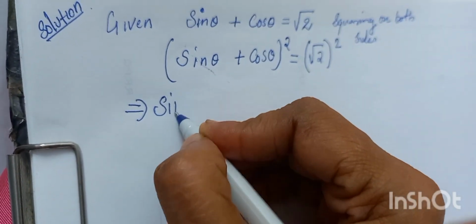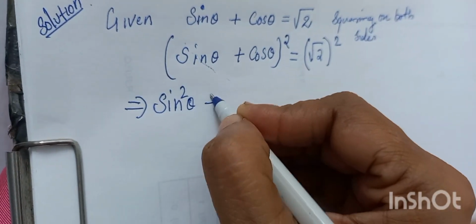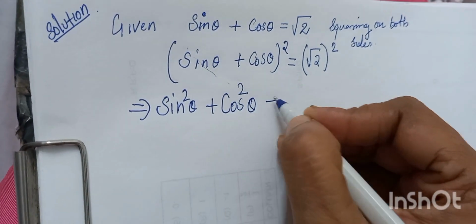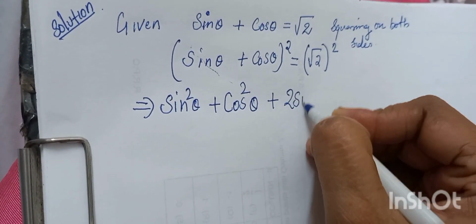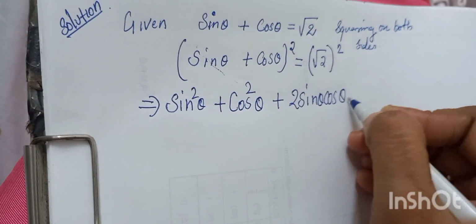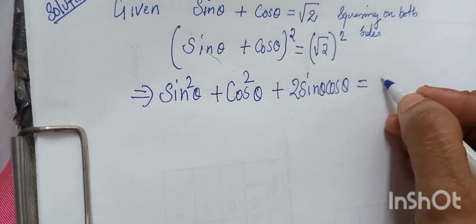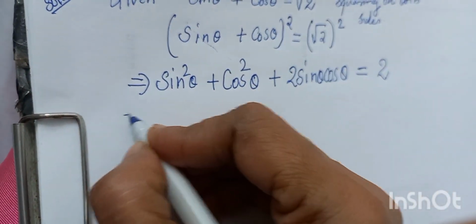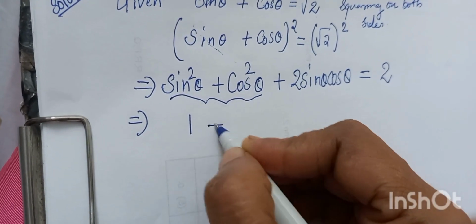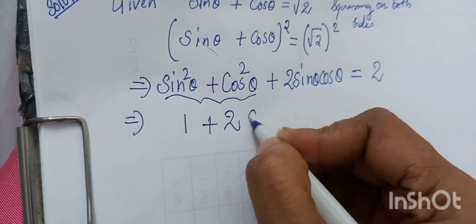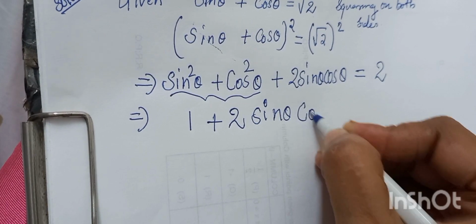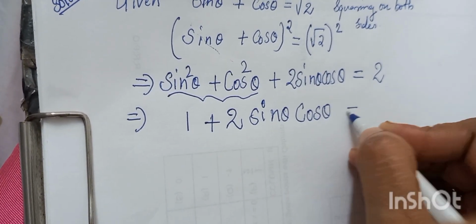Sin square theta plus cos square theta plus 2 sin theta cos theta, which is equal to root 2 square means 2 only. Which implies what is sin square theta plus cos square theta? 1. So we get like this, 1 plus 2 sin theta cos theta, which is equal to 2.